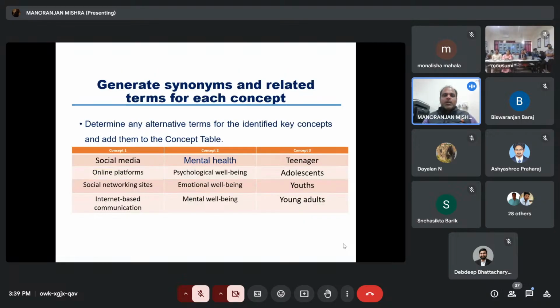I have concept 1, social media, online platform, social network site, internet based communication; mental health, psychological well-being, emotional well-being, mental well-being. Then teenager, you can see this is how you have to move. These are the synonym words. And these synonym words also you can go and type in Google Scholar, you can find all these synonym words. Or you can use ChatGPT to get the synonym words also, no problem.